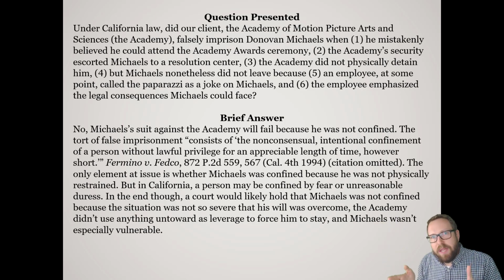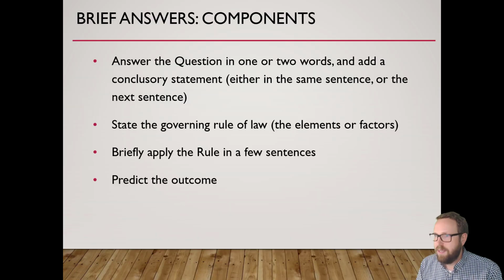And now we're narrowing the reader's focus to just one element, or two elements, or however many are at issue. We focus the reader quickly down to an element, and then we spend the rest of the brief answer summarizing the reasons. Okay, so the short one or two word answer, like yes, no, probably, probably not, state the elements, state the narrow issue, and then summarize your reasons.